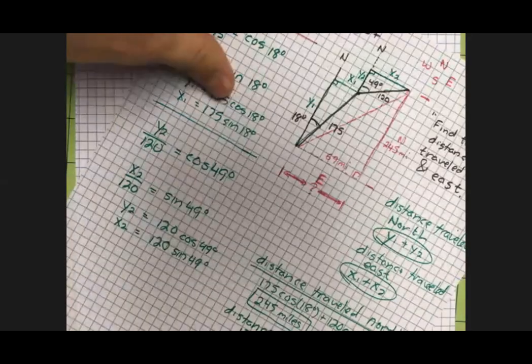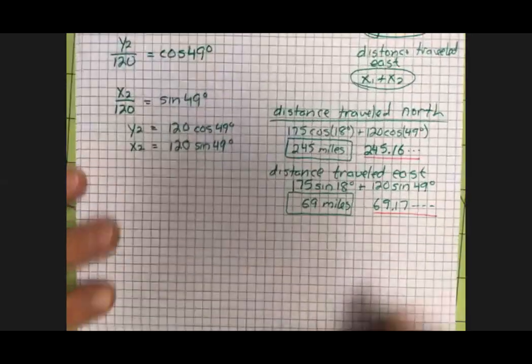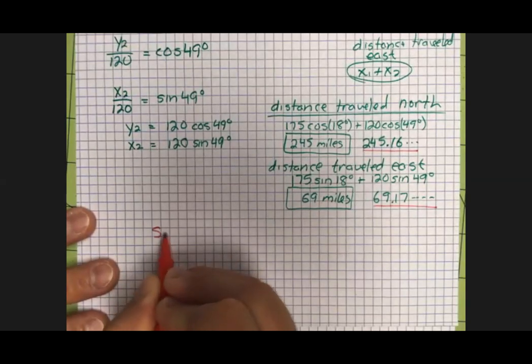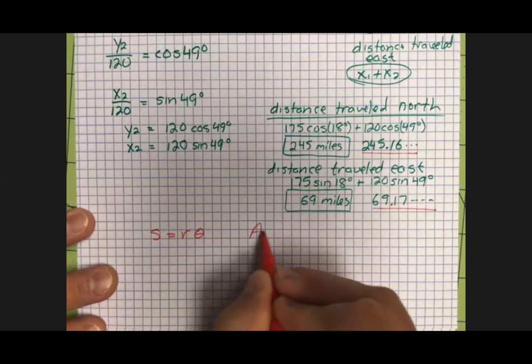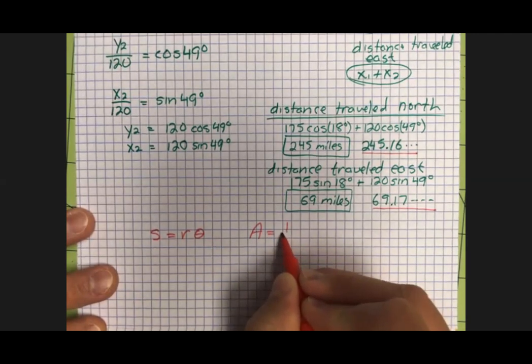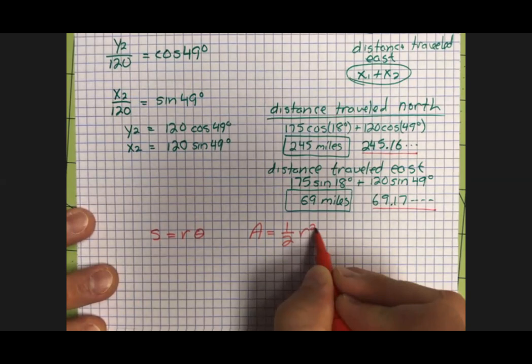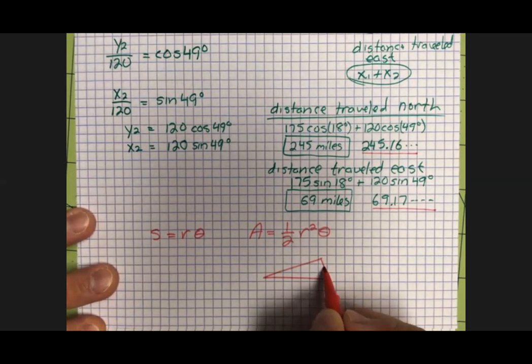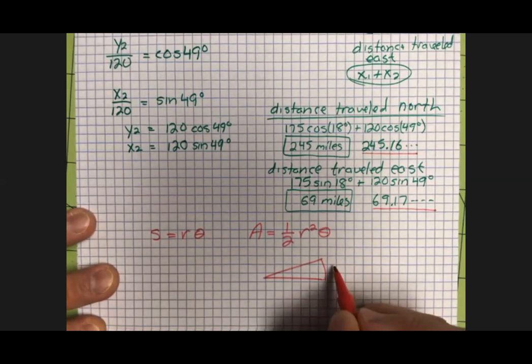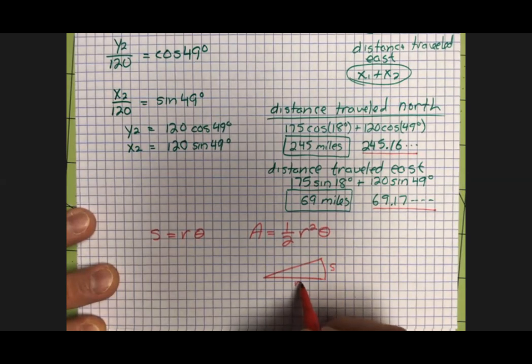Excuse me for interrupting, Katoria. I'll do that problem in a second, but remember you had these formulas for arc length and area of a sector of a circle: S equals R theta.